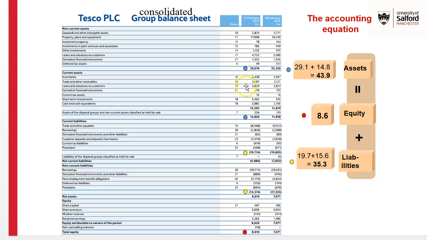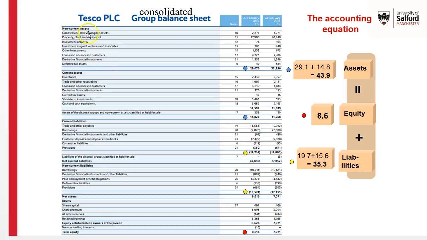Done quite a bit of that, but I think they've got some sort of credit. You can get a loan from Tesco's, can't you? Derivative financial instruments. Oh, well, we're not going to be talking about derivatives. It's not a very big part of their balance sheet. Tax assets, we won't worry about. Short-term investments, cash and cash equivalents. So anything that can be readily turned into cash.